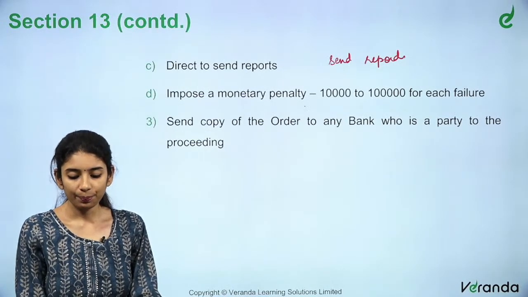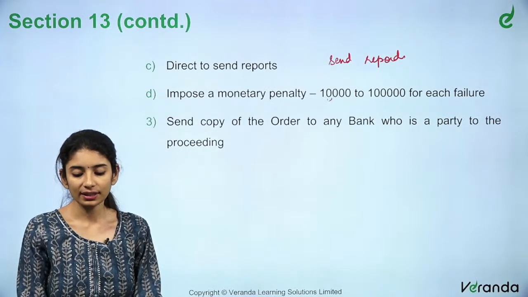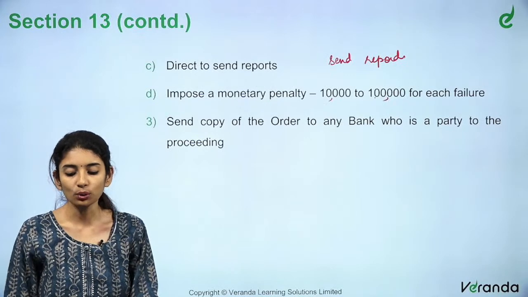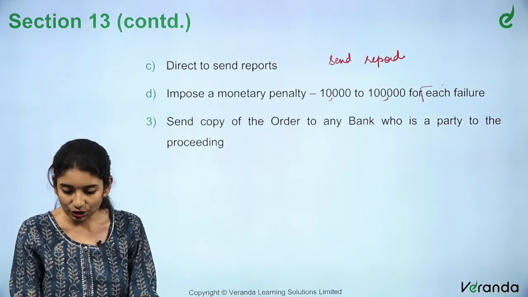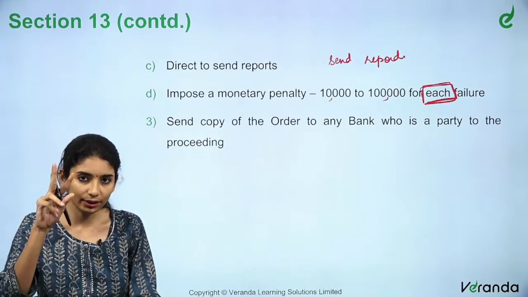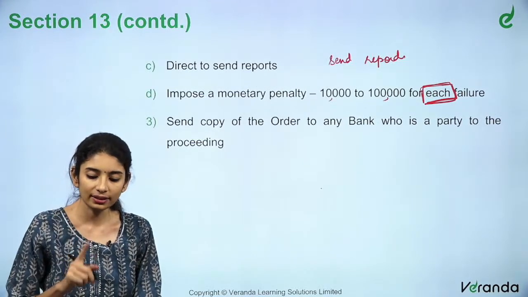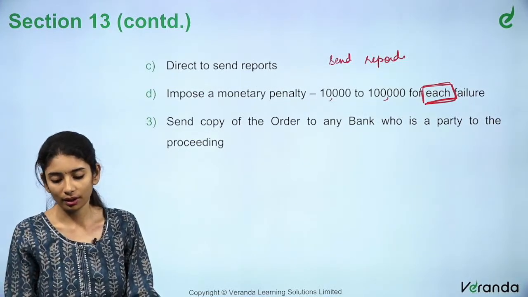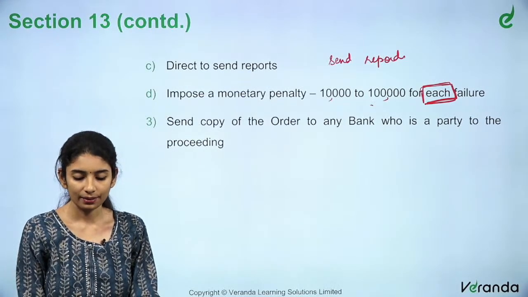Impose a monetary penalty. This monetary penalty can be not less than 10,000 going up to 1 lakh for each such failure, for each failure. So if there are two things that I have done, then he can apply these penalties 2 times, not less than 10,000 and not going up to 1 lakh rupees. Clear? Impose a monetary penalty.